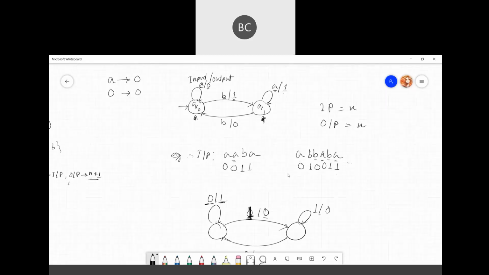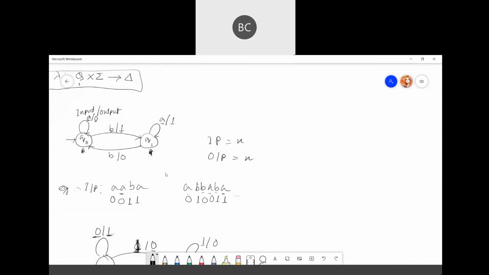Okay. So for this diagram, what will be the transition function? Transition table. It will be slightly different from your Moore machine. So here, along with your current state and the output state, we will also follow the input symbols. If we write current states, then we will have next states.